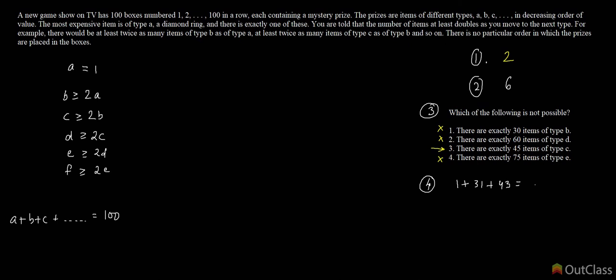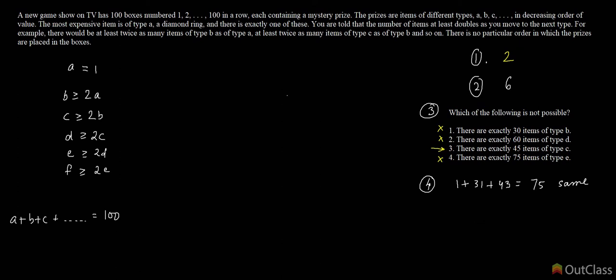So that's basically 75 boxes containing the same type of present. That is basically the only information in this question. 75 items of the same type are present in this particular case.